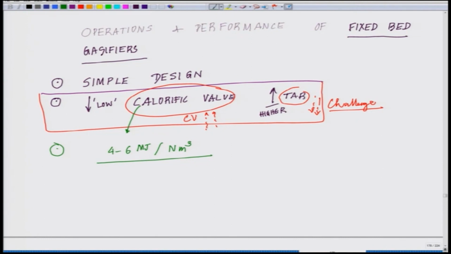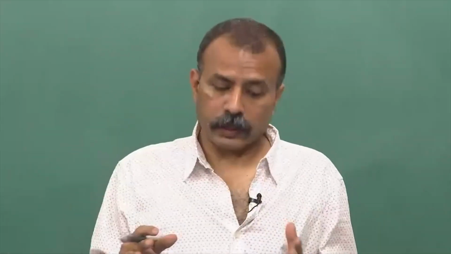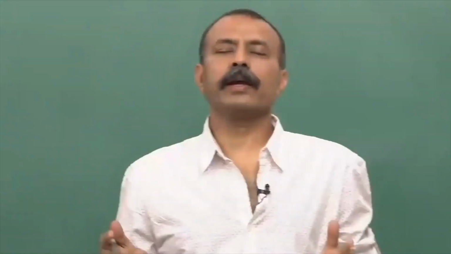So, which is at least 6 times more, or if not 6, if you are getting 4, it is almost like 9 times more efficient what you get from nature. So, currently what man can do is in the range of 4 to 6 using a simple design of a fixed bed gasifiers.